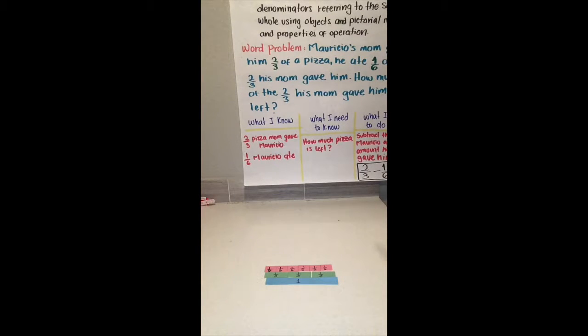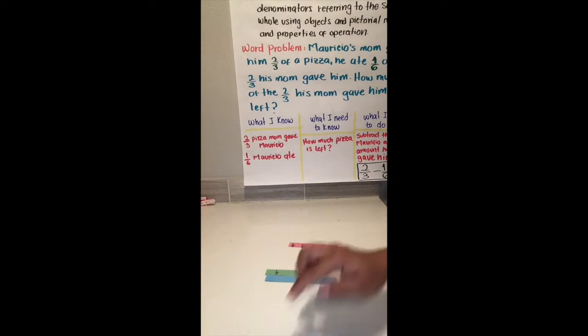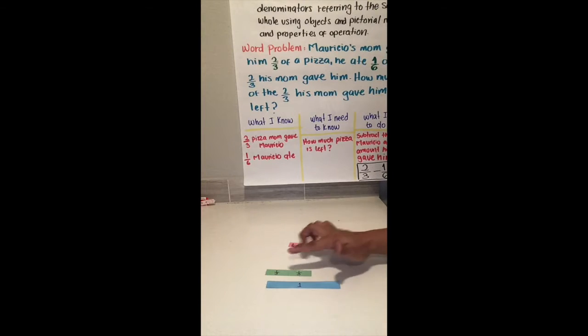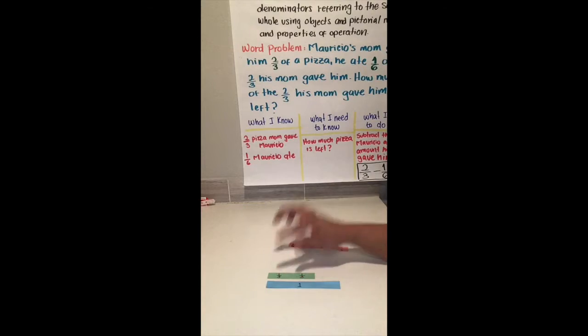Okay, so now we're going to solve the problem. So we know here that Mauricio's mom gave him 2/3 of a pizza. Well, by counting, I already know how much is 2/3 here. So this is 1/3, this is 2/3 of a pizza. Okay, so let's go ahead and take this third out. So that way we know how much pizza we have. We have 2/3 of a pizza.